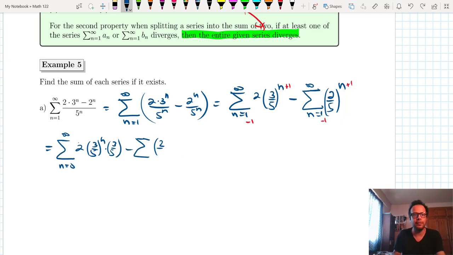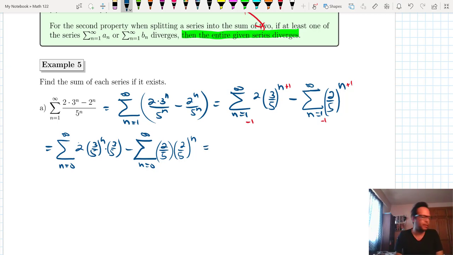Okay, this doesn't look really nice. Let me erase and write it again. This will be the sum, n equals 0, of 2/5 to the n power.